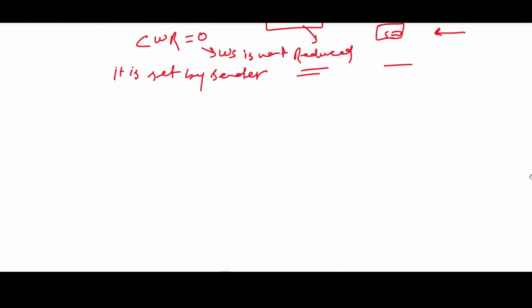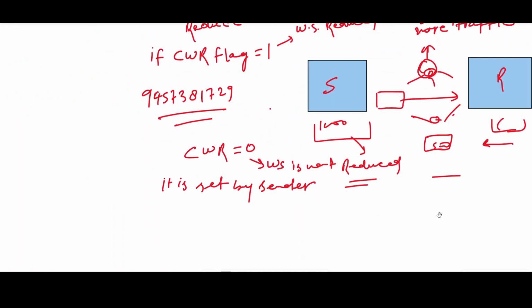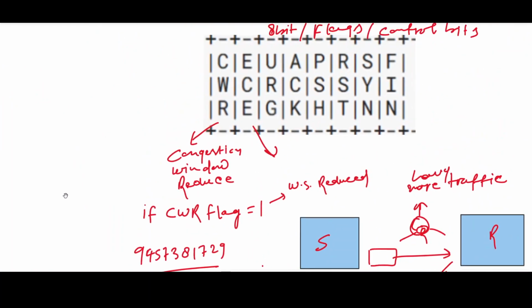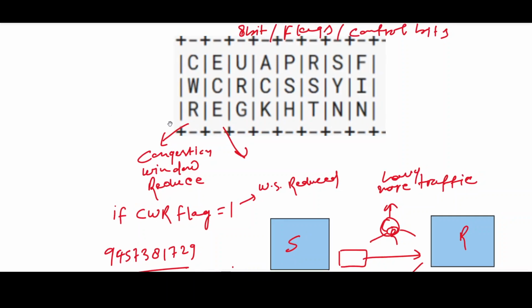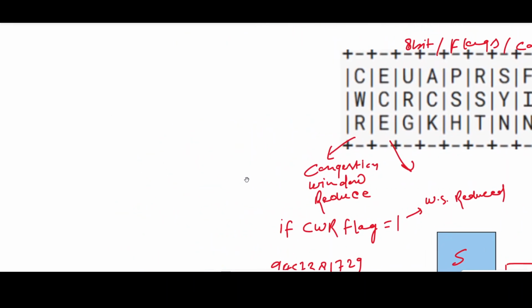Now we will move on to the next point, which is very important. That is the push function. Here we will tell you about the push function. What is a push function? The name gives full information. If the push flag is set to 1, what will happen?